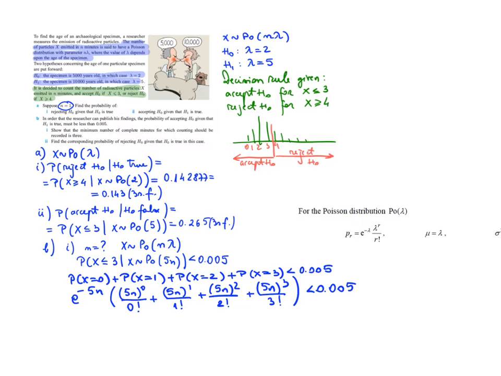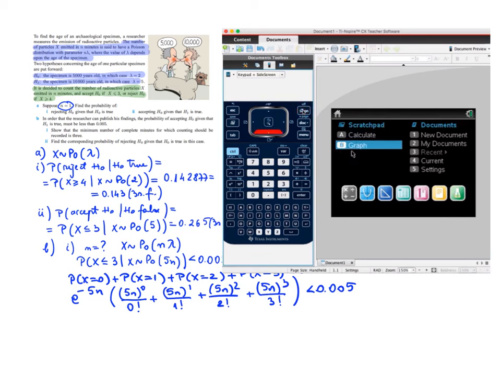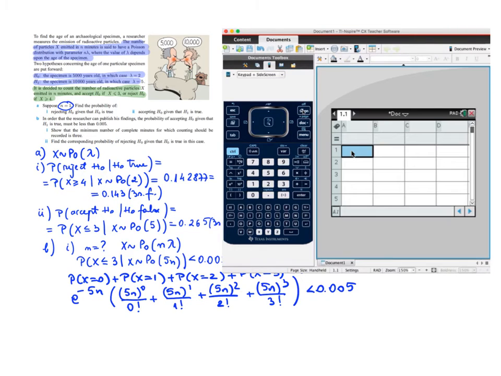And now think how you can use your calculator smartly to solve this equation. It can be by trial and improvement. That's what I used. So I have a column for the values of n, and I have a column for the left-hand side of this equation. And I want to see where this one is smaller than 0.005.